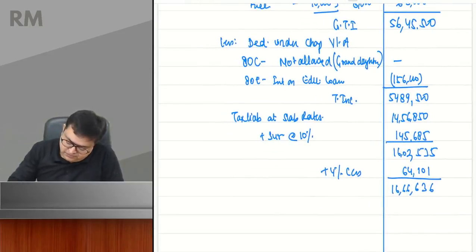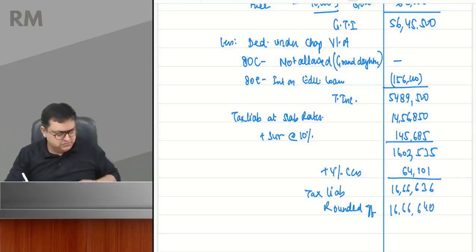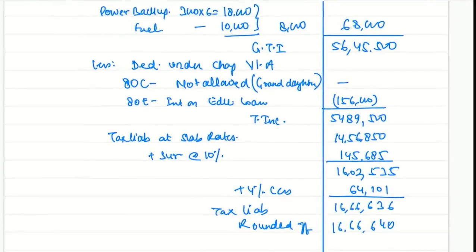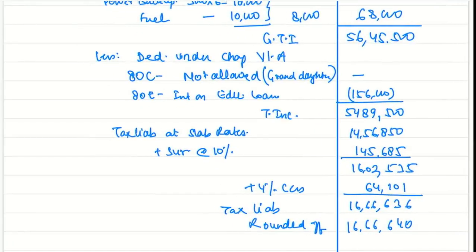Tax liability, rounded off. Correct, Aditya. Good. Everybody done?